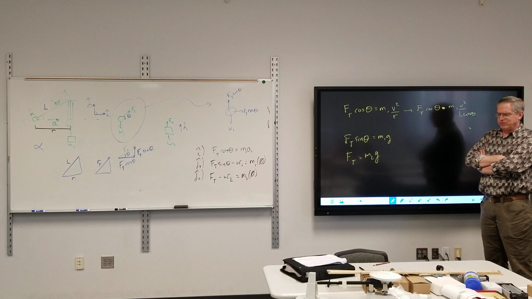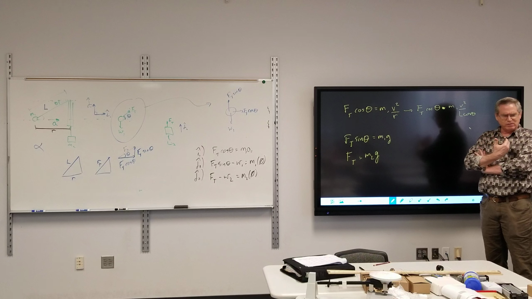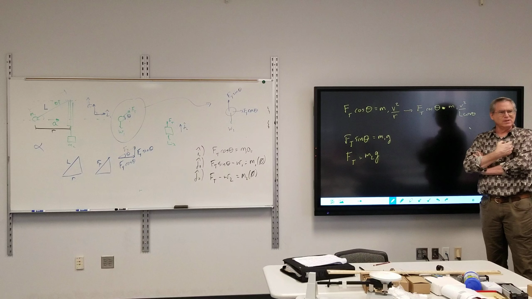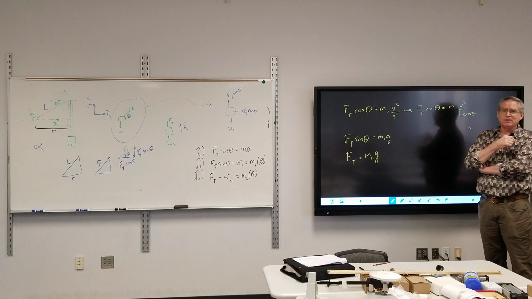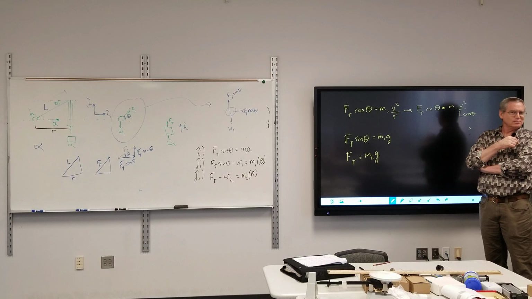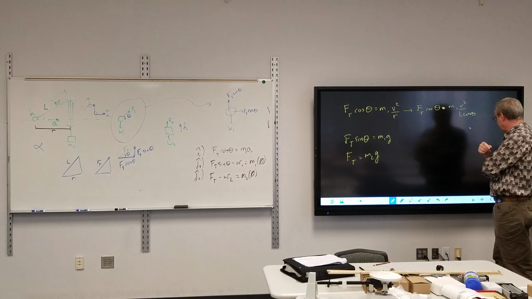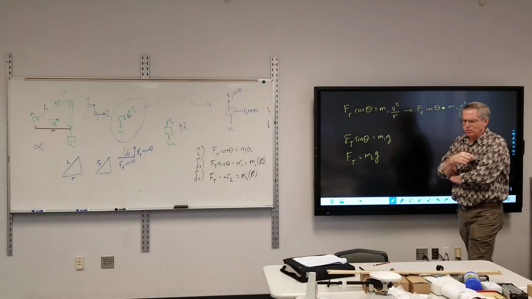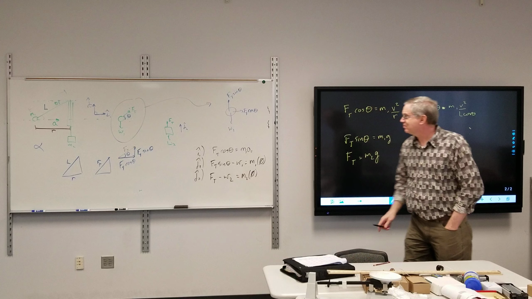So if I have someone traveling in a circle, what is the distance it travels in one revolution? The displacement would be zero, but the distance would be the circumference of the circle. And what's the formula for the circumference? 2 pi r.